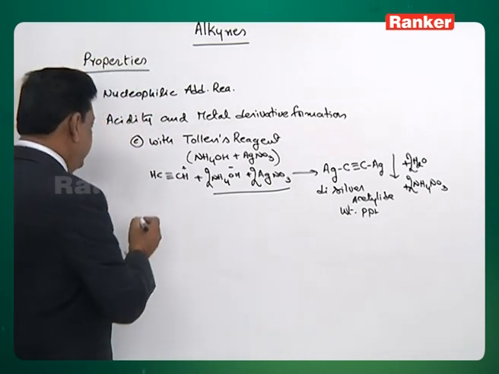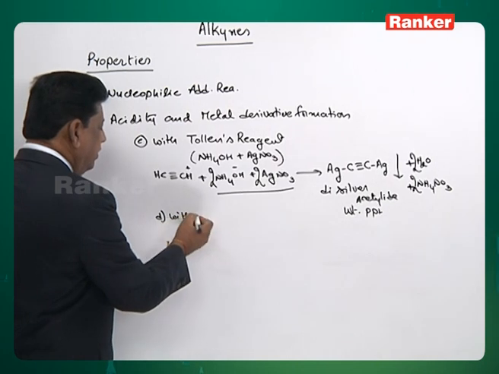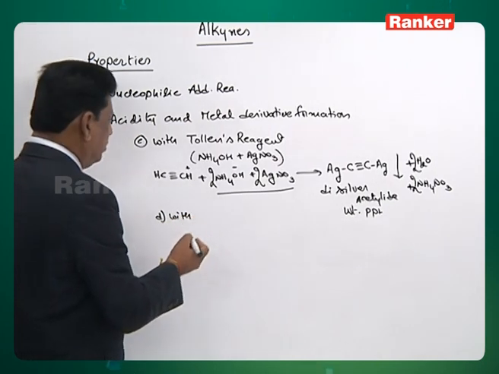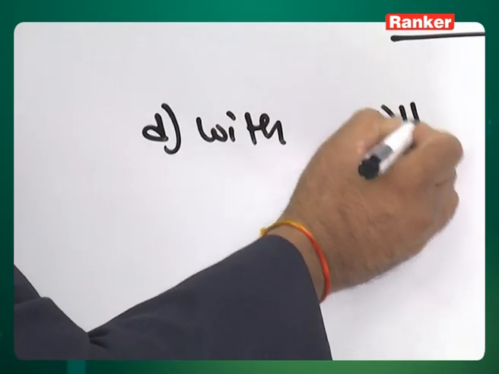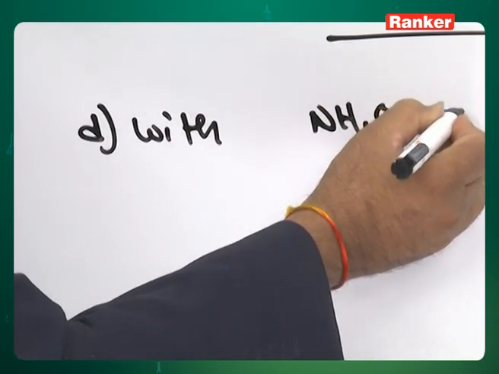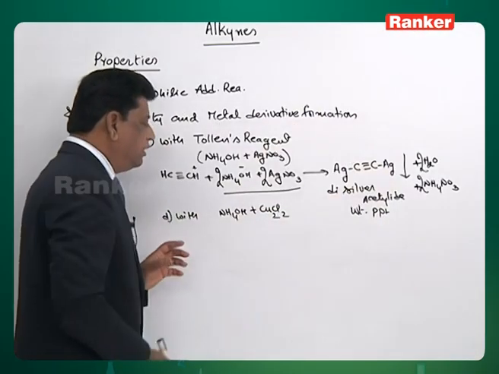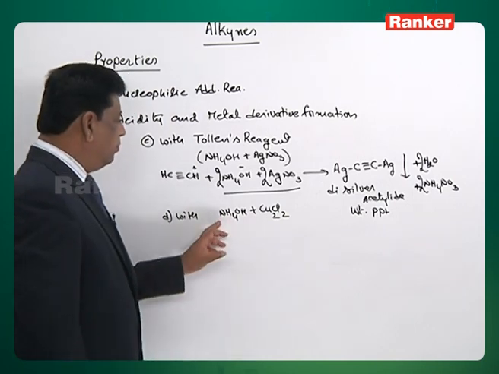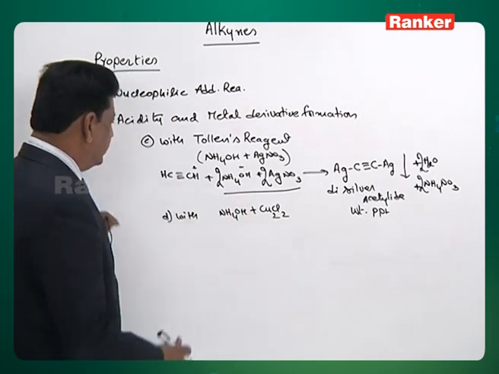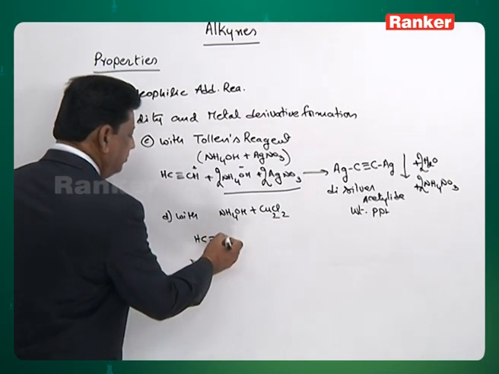This is a balanced equation here. Similar is the case with another reaction, with ammoniacal copper chloride. This reagent has no name, but it is ammonium hydroxide plus copper chloride Cu2Cl2, a mixture of cuprous chloride and ammonium hydroxide. This is called ammoniacal copper chloride solution. When this is added, the same type of reaction occurs.